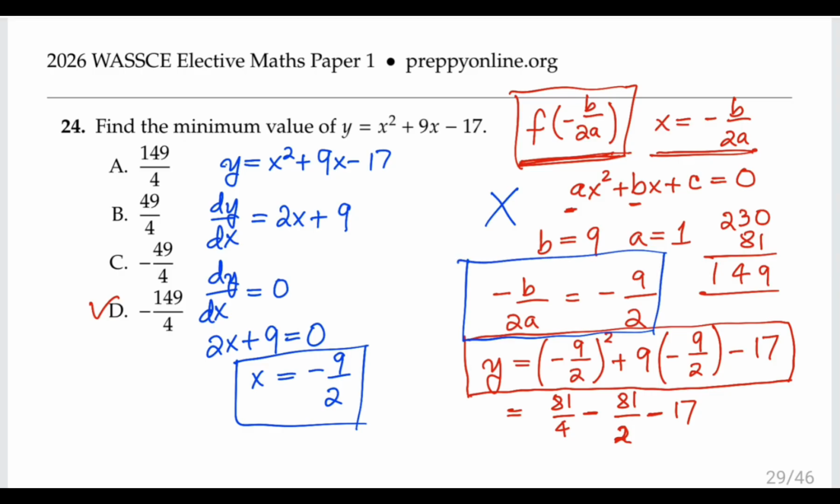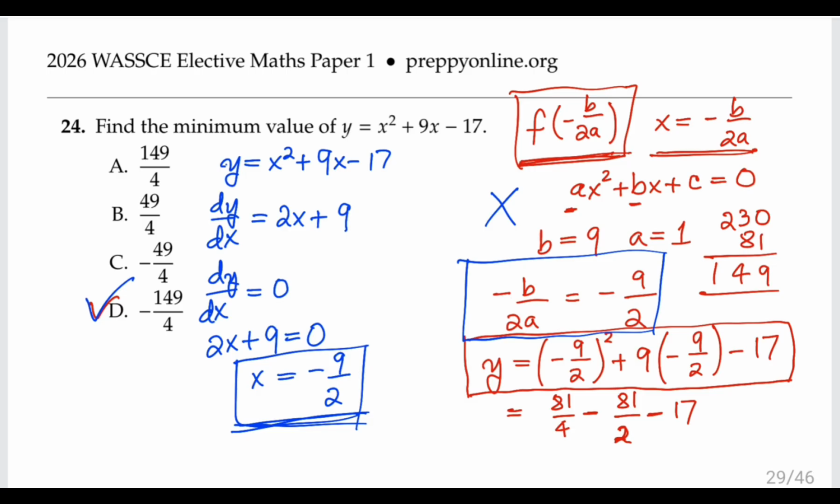So that tells us that this is going to give us the same answer, because this computation is showing us from calculus that the minimum occurs when x is equal to minus 9 over 2. And we just calculated that when x is minus 9 over 2, we get minus 149 over 4 as the answer. So calculus is going to give us the same answer that we got by using the axis of symmetry.